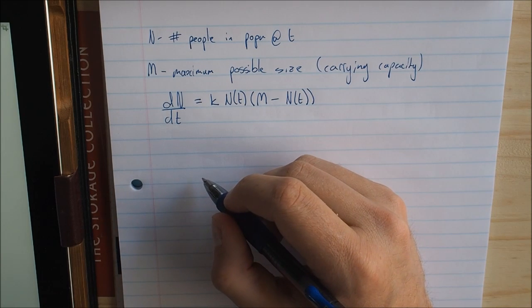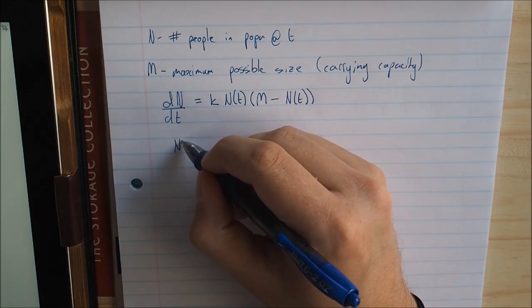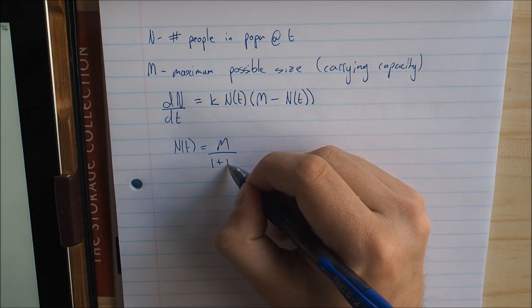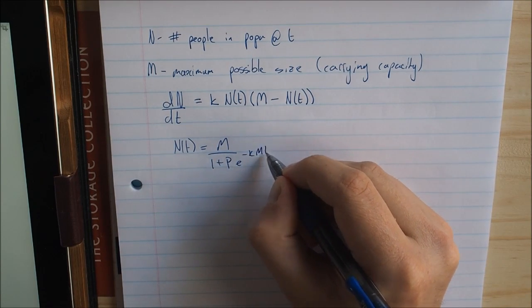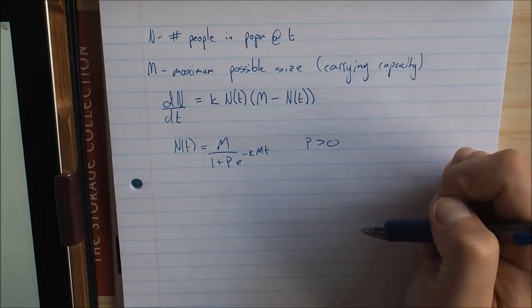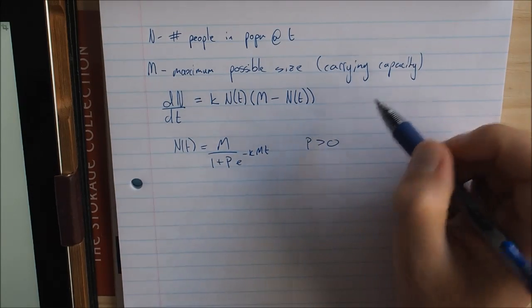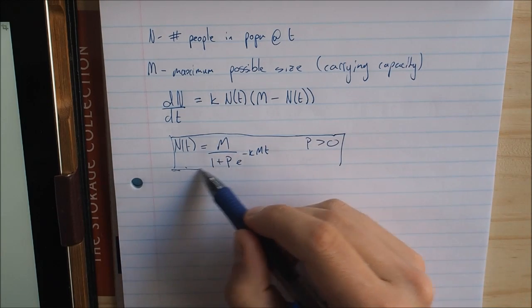So the solution, if you're interested, is going to be N(t) equals M over 1 plus, and they use P in the notes, e to the minus kMt. And P must be greater than 0. P is going to be the constant of integration, and we can solve for that using the initial conditions. But I'll leave that as an aside, not really important for what we want to do at the moment.